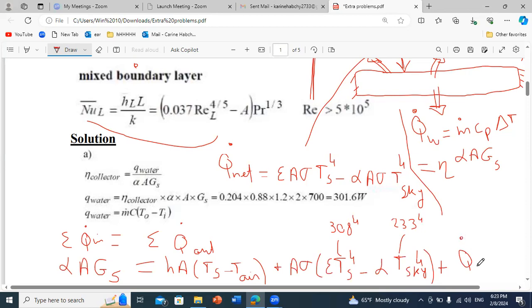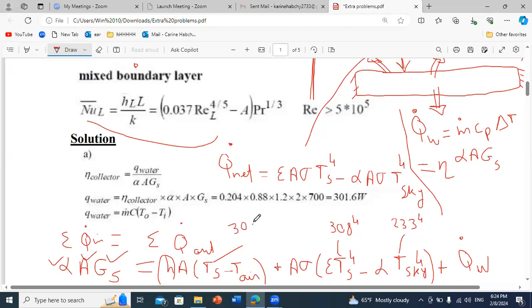And if you look at your parameters, you know everything except the convective coefficient. Alpha is 0.88. A is the area, they gave us 1.2 times 2. G sun is 700 watt per meter square. T surface is 308 Kelvin.